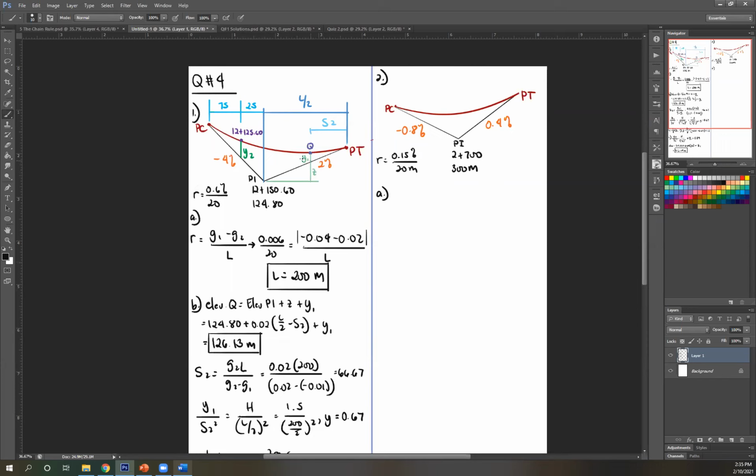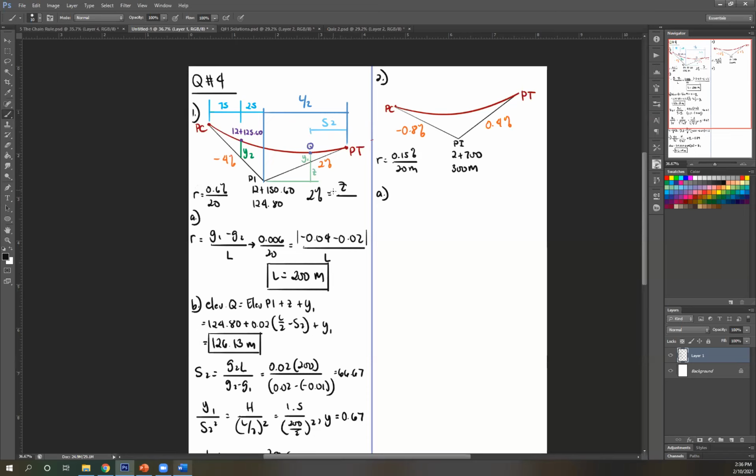So given 124.80 plus, to get Z, again, that's just your grade. This is a right triangle. This angle is at 2%. Your grade is rise over run. So 2% equals Z over run, this length. And that length is L over 2, half the length. And this is your S2, your horizontal distance from PC or PT to the lowest point.